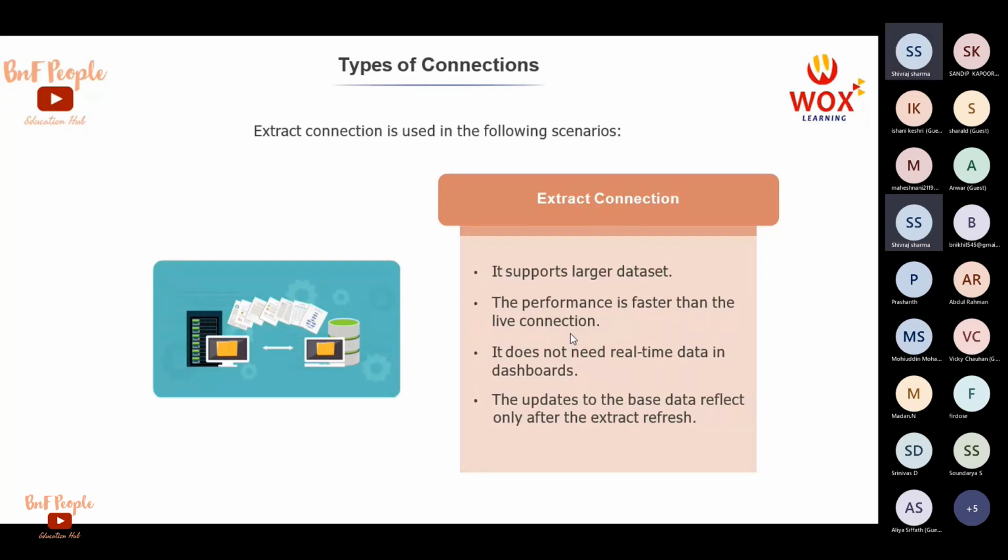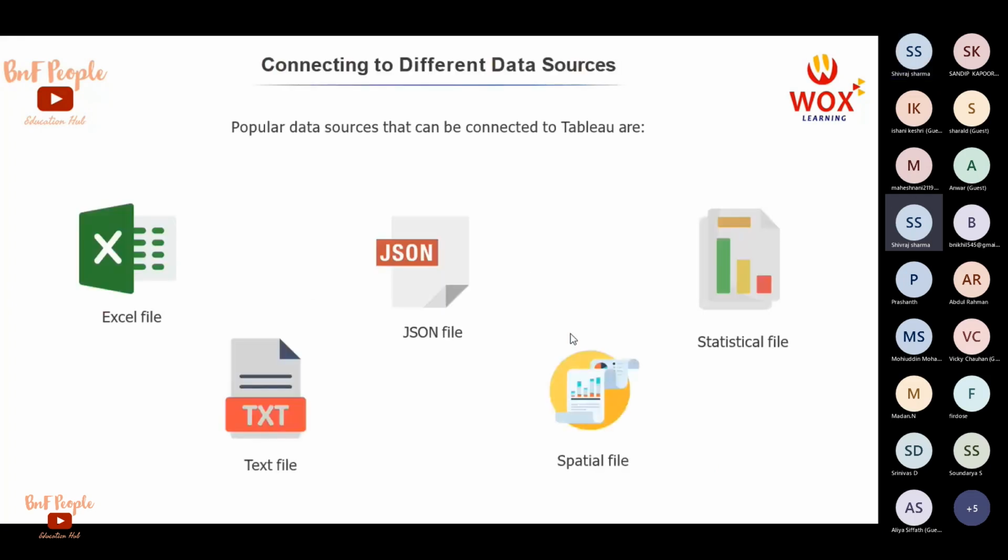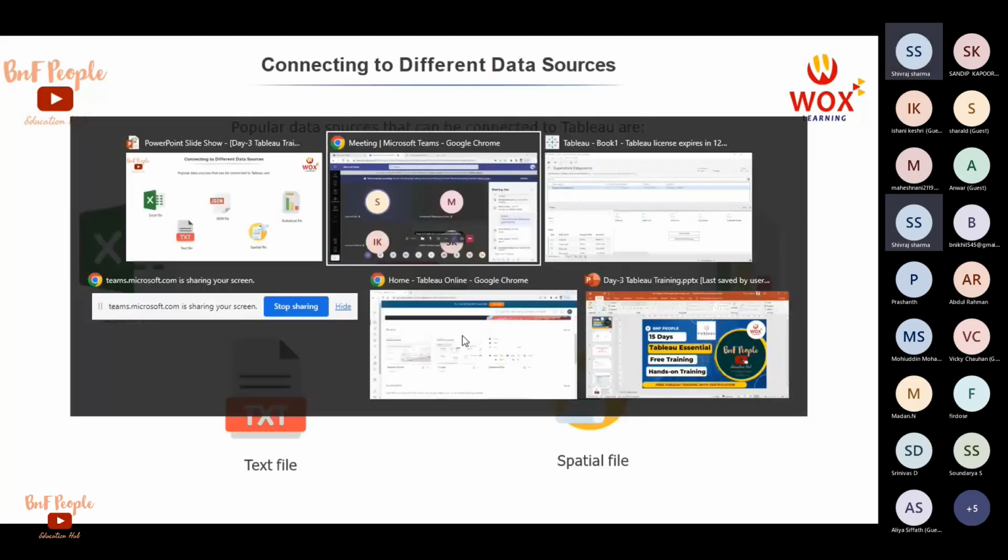That's the two differences. Now moving to connecting to different data sources: what are the different data sources available in Tableau Desktop? We already saw Excel files and JSON files. Let me show you this also.